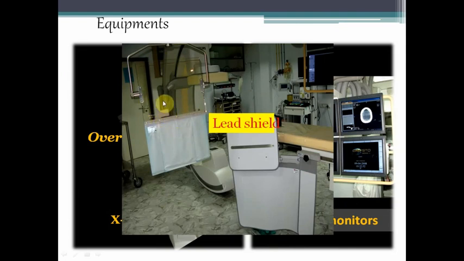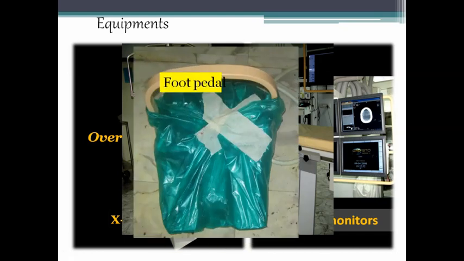If the person is operating near the X-ray tube and image intensifier, they should not get exposed at the neck and the eye. This is made up of lead glass. The lead shield here avoids exposure to the gonads for the technologist as well as the radiologist or cardiologist. This is the foot pad. All the exposure will be done through the foot pad. You have seen this same foot pad in our department fluoroscopic room.